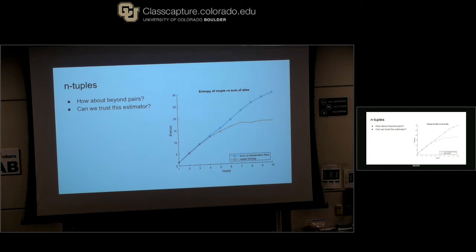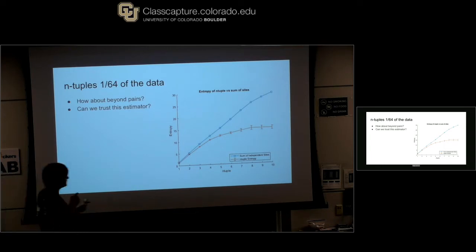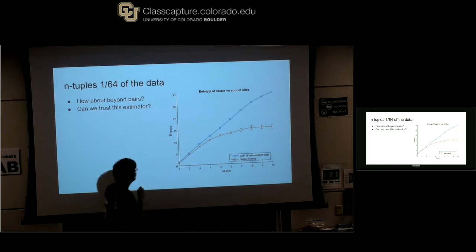The red is a better estimator than just the naive estimator. But what you see is if you subsample the data, it actually is a bit of a biased estimator. So I would say you could maybe go up to 4 or so. You just have to worry a little bit about that bias.